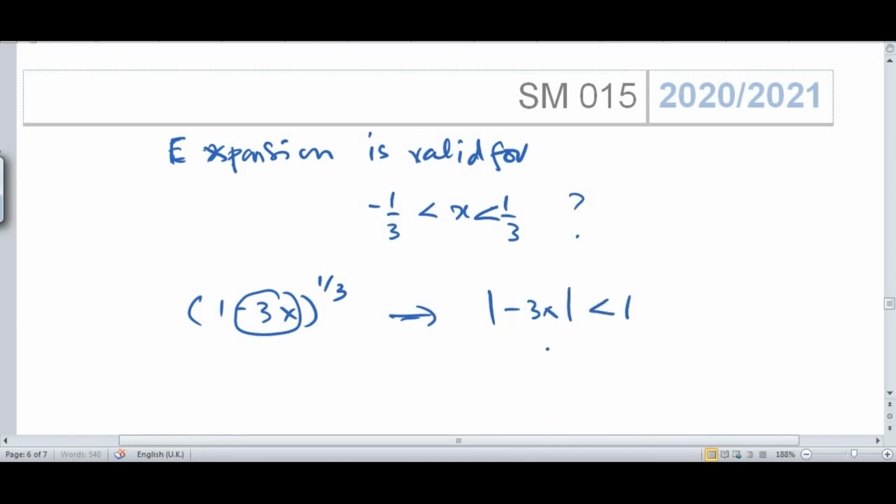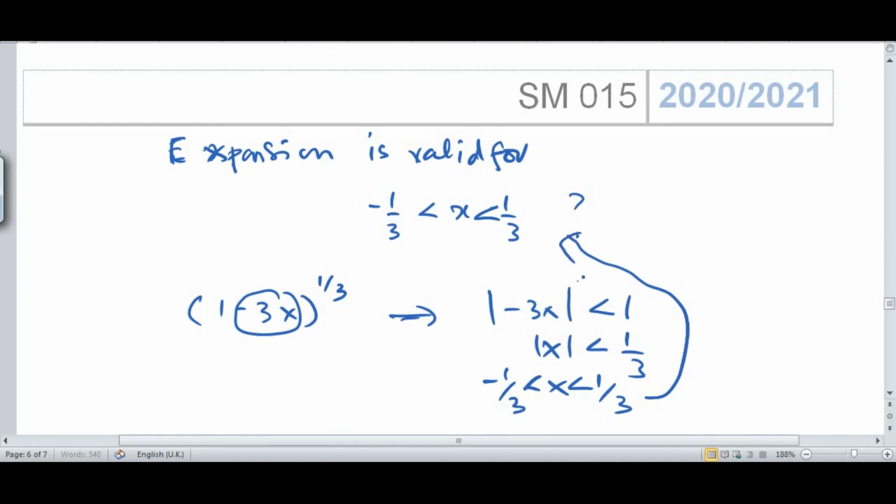So from here you get modulus x is less than 1/3, all divided by 3. So you can write this as negative 1/3 less than x less than 1/3. This is how we get this.